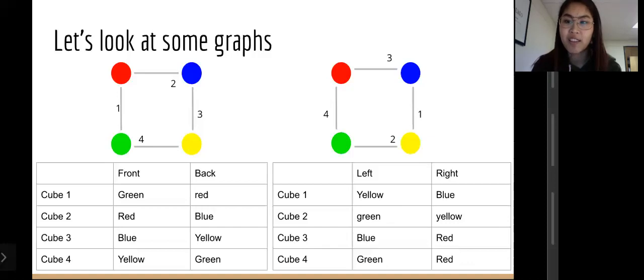So if you look at the left and the right, the reason that this doesn't work, even though it satisfies most of the conditions, if you look at 2 and 4, we have the two edges coming out of red going away from red. For this to work, we would need one to go towards red and one away from red.